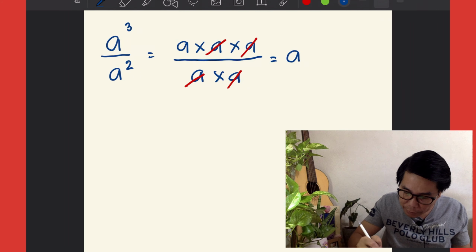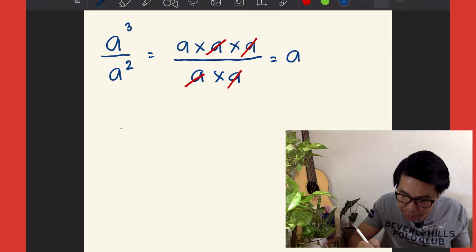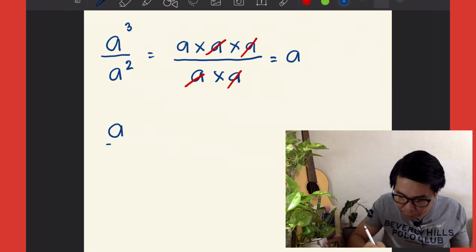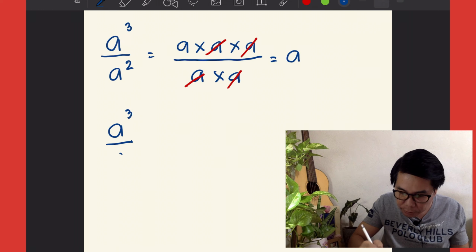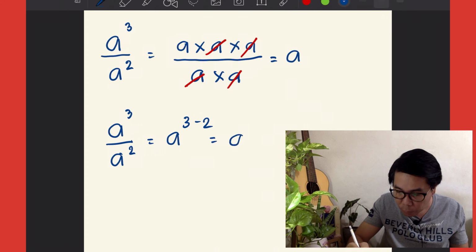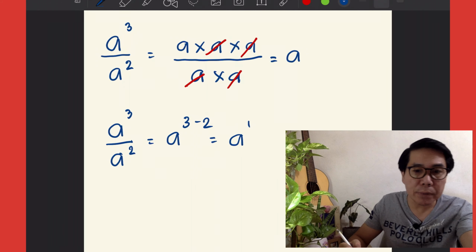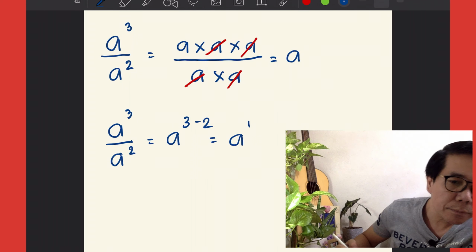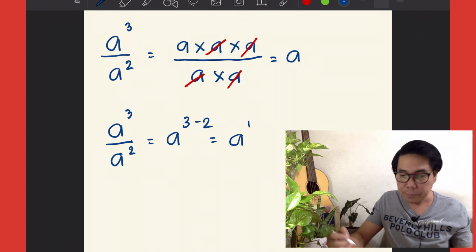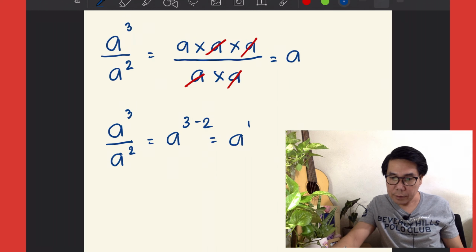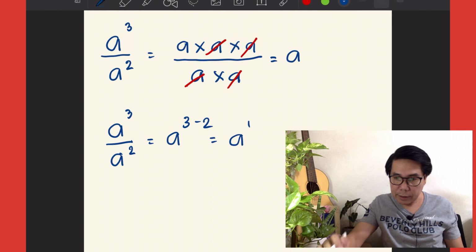Or if we apply the rule, a to the power of 3 over a to the power of 2 will give us a to the power of 3 minus 2, which is equal to a to the 1, which means that if we have that exponent 1, it will give us a.